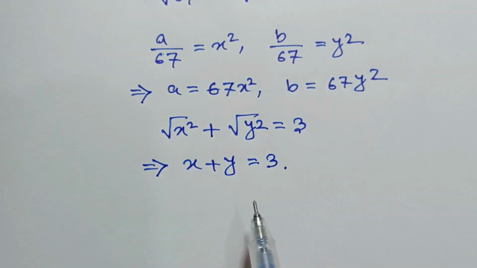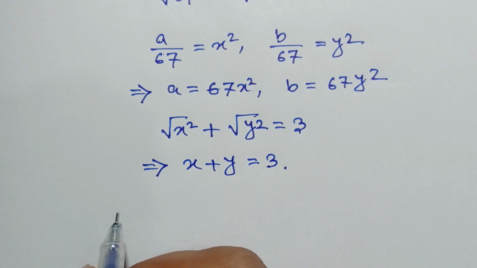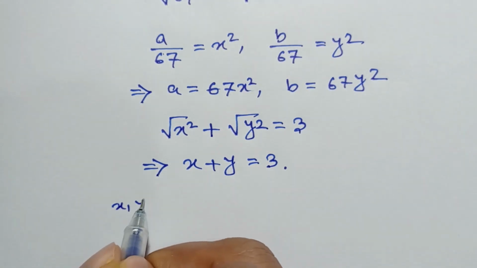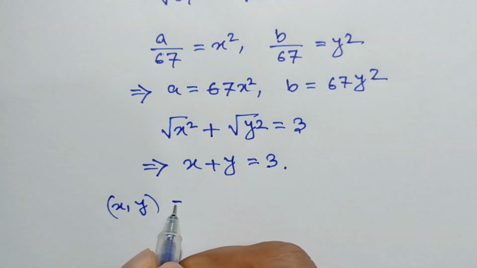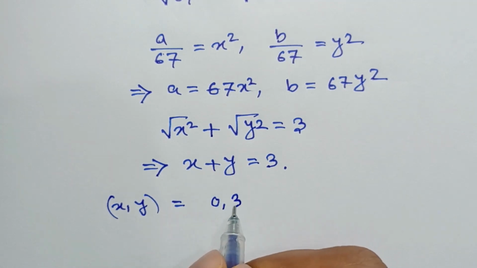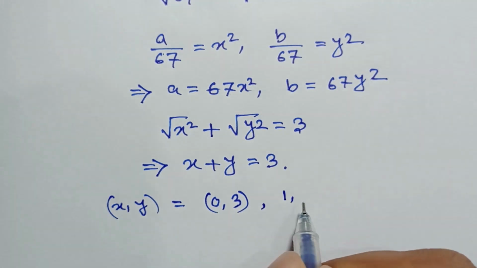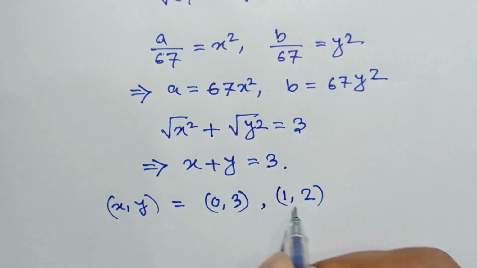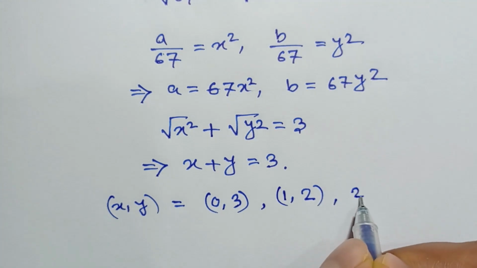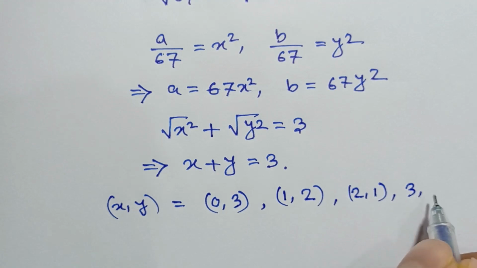Here x and y are non-negative integers, so the possible combinations are: when x is equal to 0, y will be 3; when x is equal to 1, y will be 2; when x is equal to 2, y will be 1; and when x is equal to 3, y will be 0.